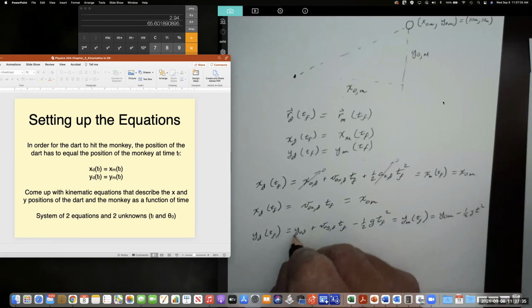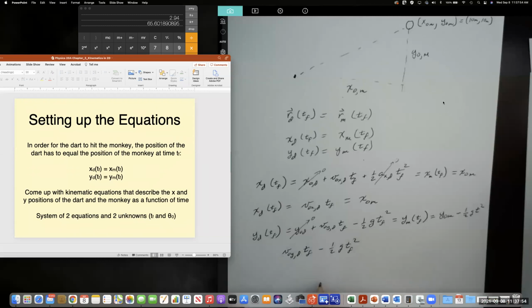So let's write out this part on another line. We have v0y dart t final minus 1/2 g t final squared is equal to y0 monkey minus 1/2 g t squared.